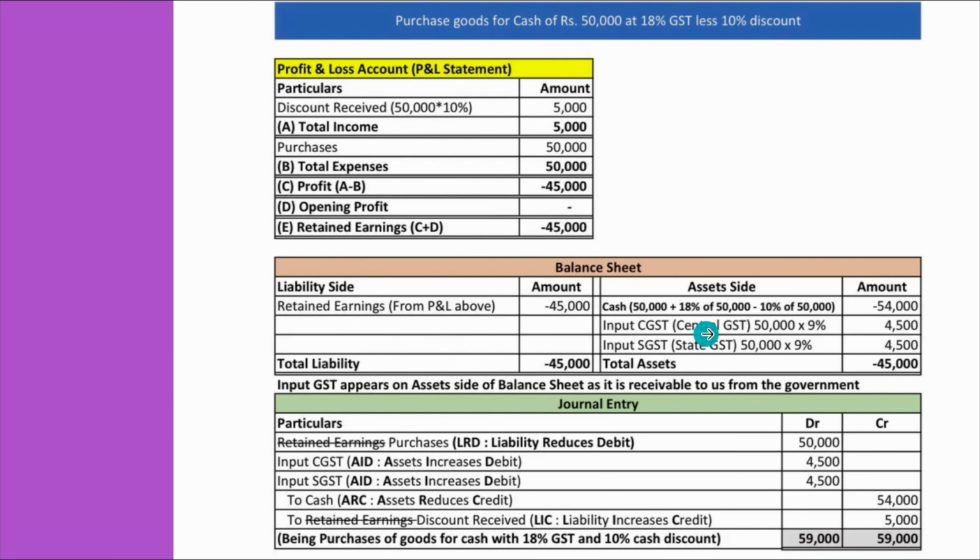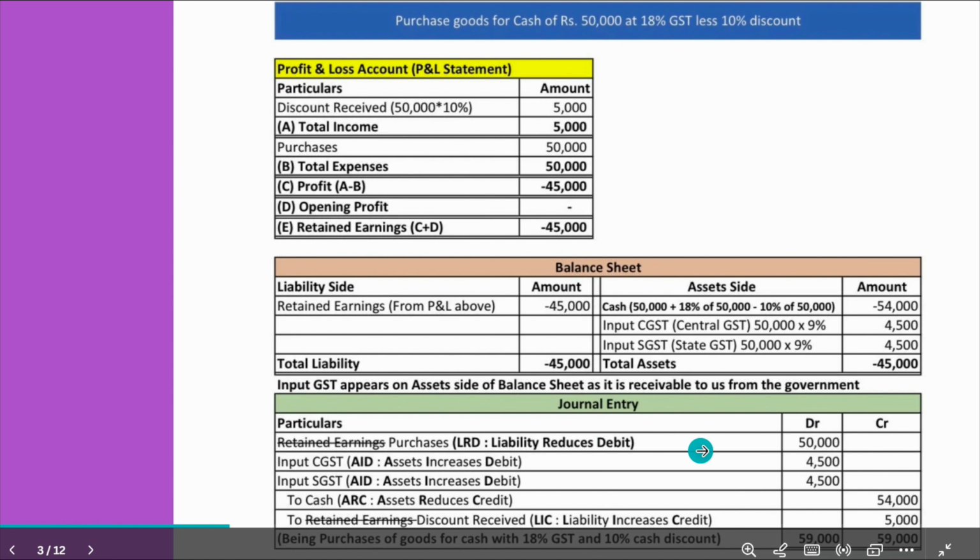And input CGST, that is central GST, 50,000 into 9% is 4,500, and input SGST, that is state GST, 50,000 into 9% is 4,500. So total liability side is minus 45,000, total asset side is minus 45,000, and our balance sheet tallies. Now input GST appears on the asset side of the balance sheet as it is receivable to the company from the government.